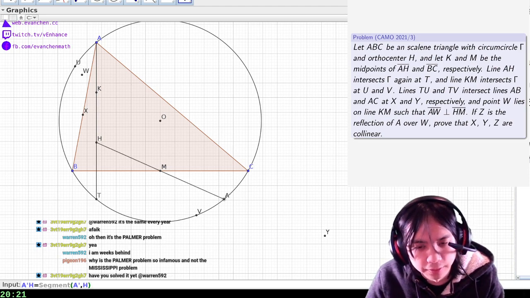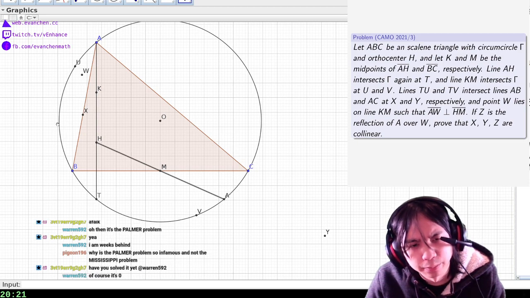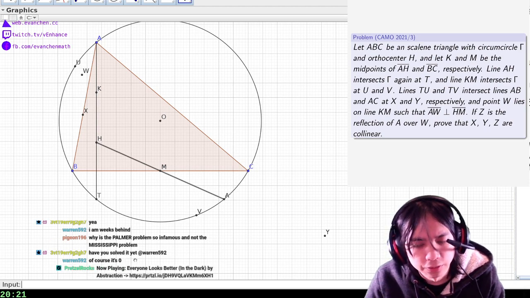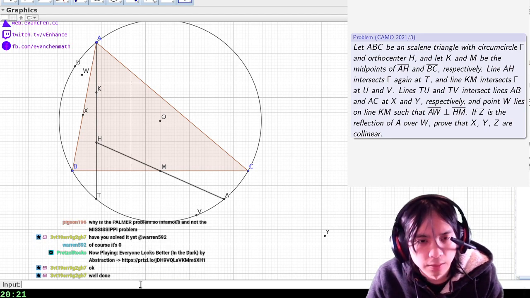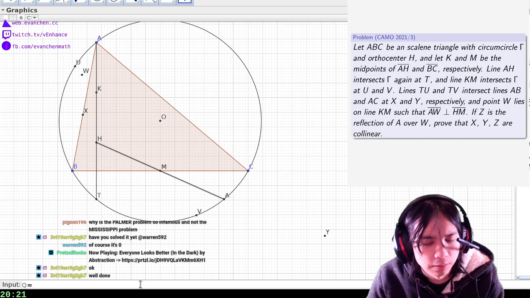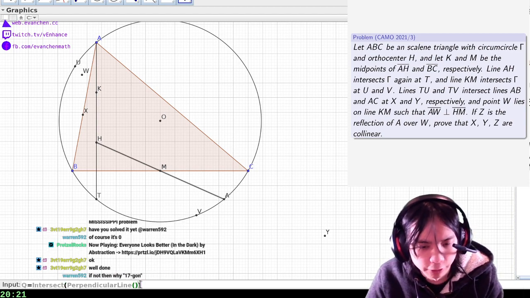Yeah, so this thing is a thing. So this right angle is like... what's that right angle mean? I should draw the other point, right? Well, Q is fine.